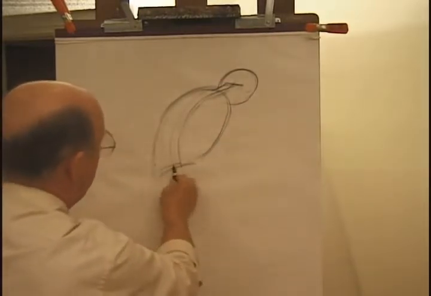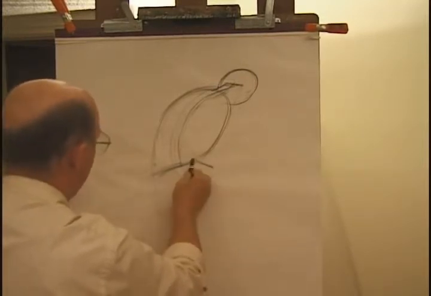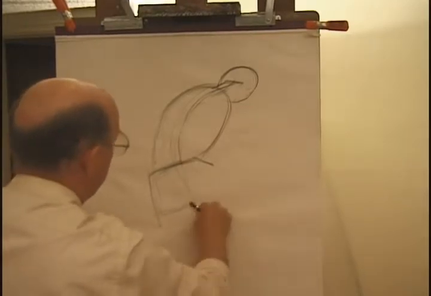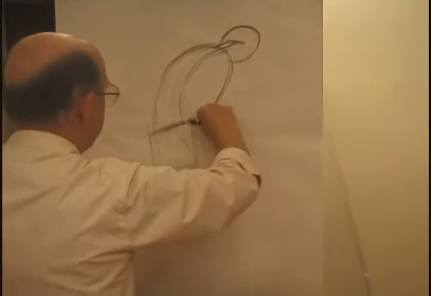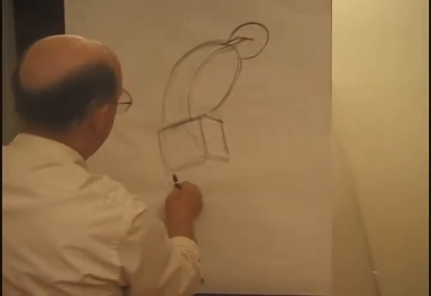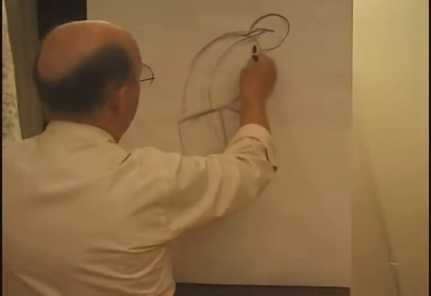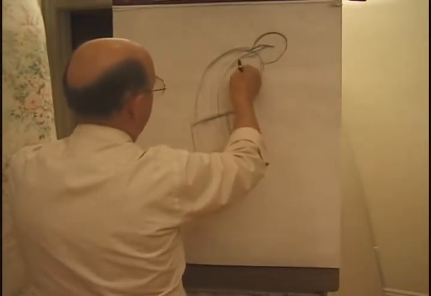And again, I would be seeing the pelvis here as sort of a box type form, going down. And remember, as I said earlier, that it's not always necessary to be drawing a box, but the box is a tool that helps you to see. So if you're not having any problems with seeing the volume, then you don't particularly draw it.